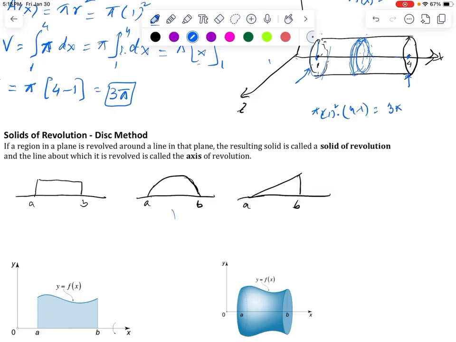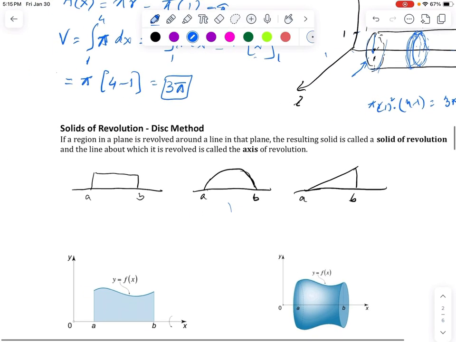Okay, the next thing we are going to look at is solids of revolution and the disk method. There is another method we will also learn in this section, called the shell method, but first let's look at this one. Now what are solids of revolution?